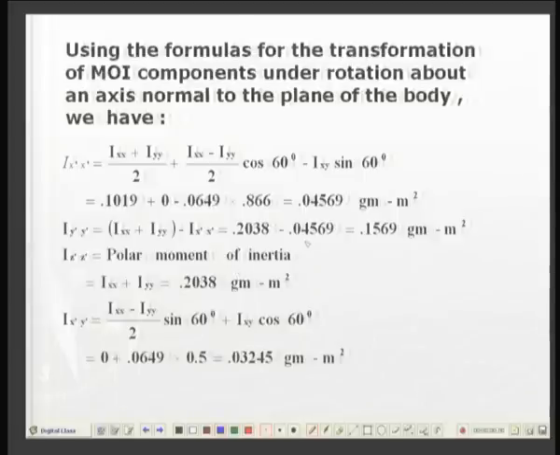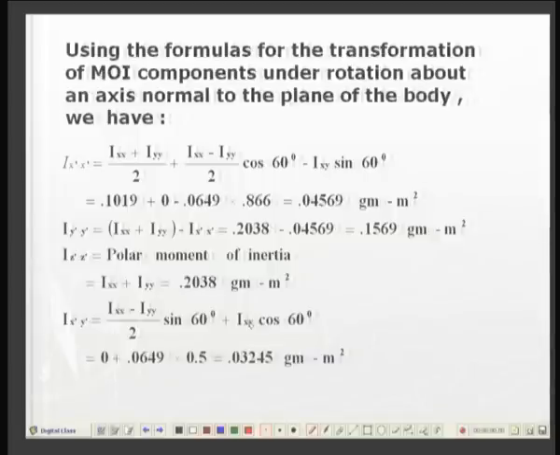And finally, the product of inertia in that plane. Again Ixx and Iyy are both equal, so the difference between the two is 0, and the first term is 0. The second term, Ixy, was already given to you, 0.0649 into cosine of 60 degrees, which is half, that is 0.5. So, this is what we have got.